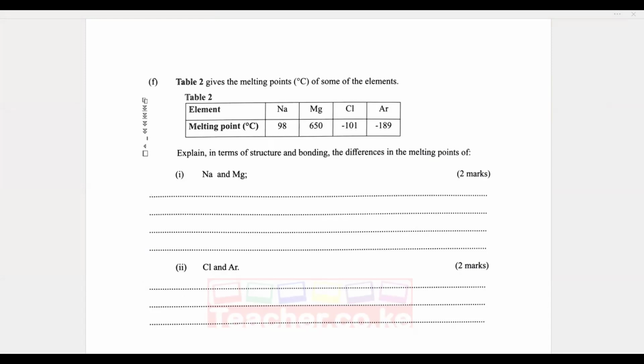So sodium and magnesium, look at those. Magnesium is much higher. Why is it much higher? And chlorine and argon, chlorine is quite a bit higher. They're both gases, but chlorine is higher.